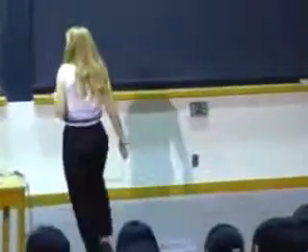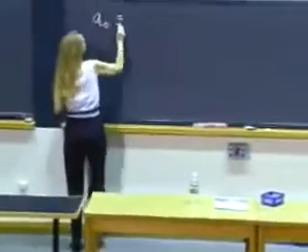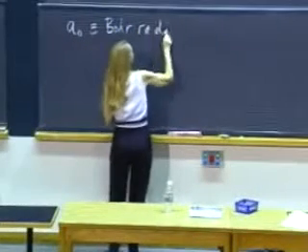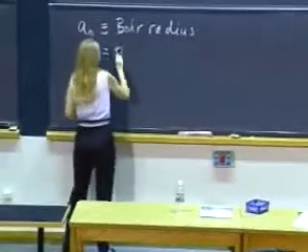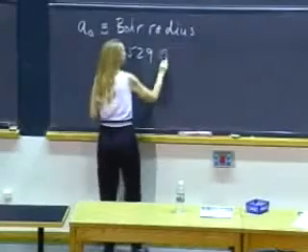A naught is what we call the Bohr radius. And today, in a moment or so, I'll tell you why it's called the Bohr radius. It has a numerical value of 0.529 angstroms.